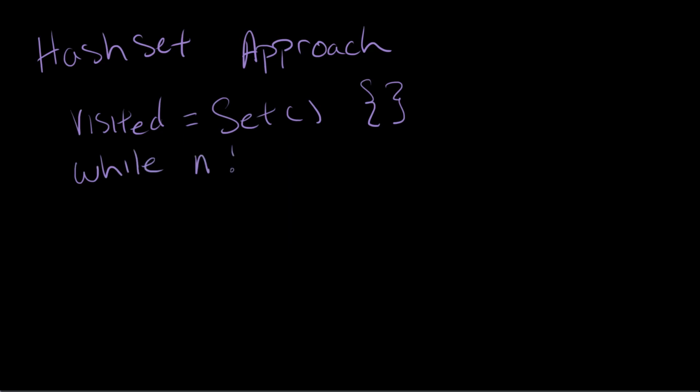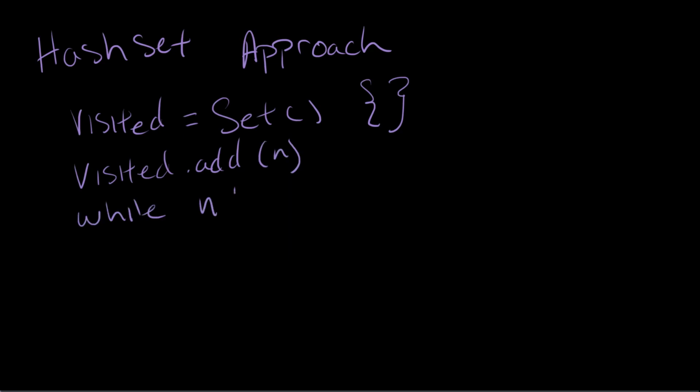While n does not equal 1, we should first add ourselves to the set. We should say visited dot add n, and then while n does not equal 1, we'll take a step in our path.